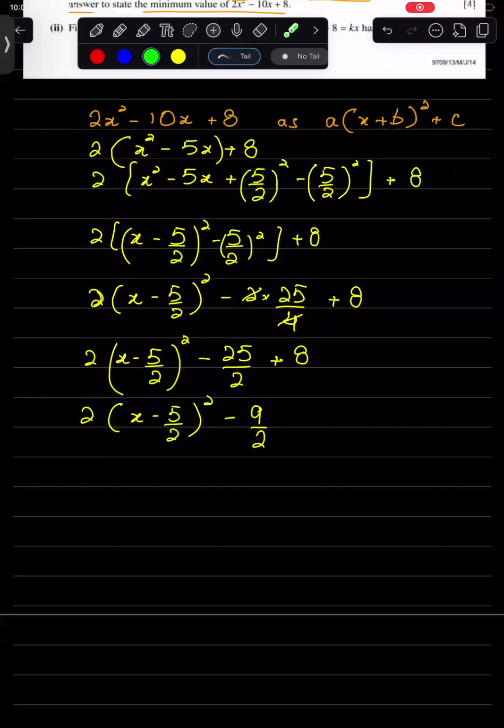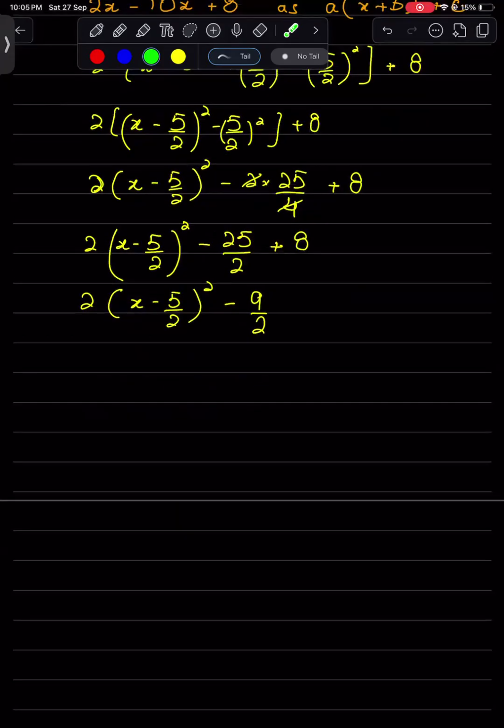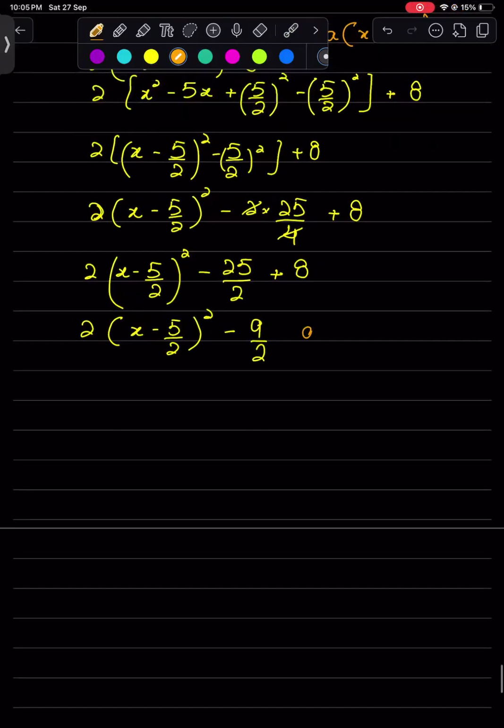All right, so this is what we have gotten for the complete square. Let me write it over here as a x plus b whole square plus c.